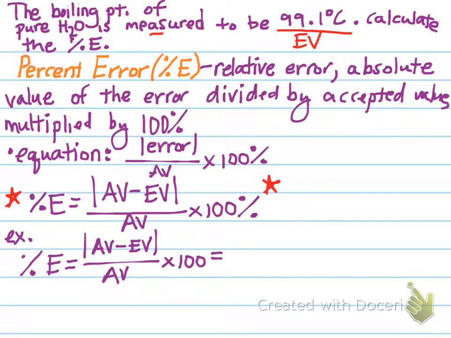Now, I don't have the accepted value here, but I want you to think about what you already know about water. Do you know the boiling point of water in degrees Celsius? I hope so, right? The boiling point of water in degrees Celsius is supposed to be 100.